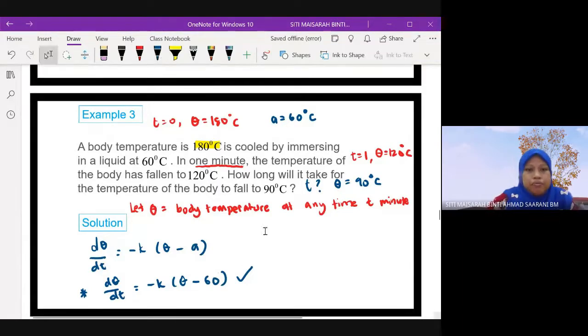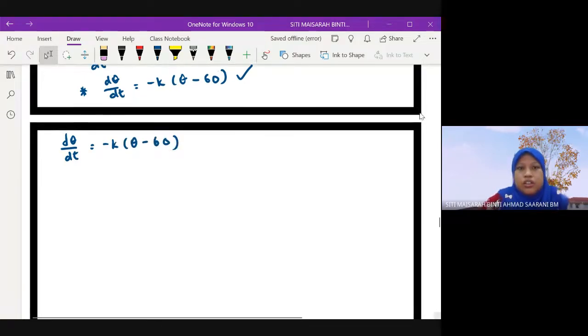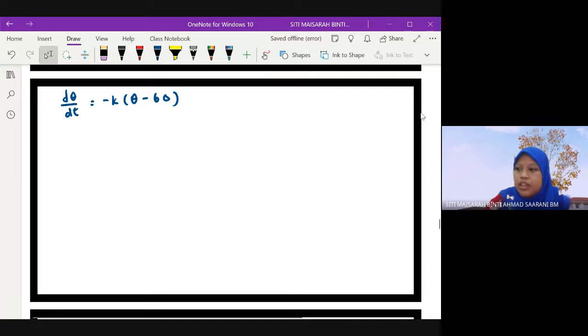So start with d theta over dt equals negative K (theta minus 60). Okay, this can be separated. So we separate it into 1 over (theta minus 60) d theta equals negative K dt.